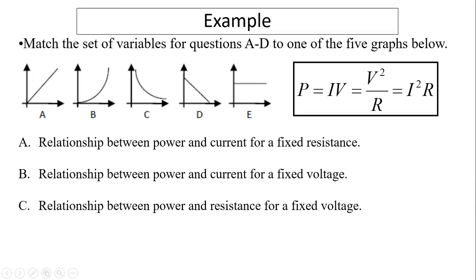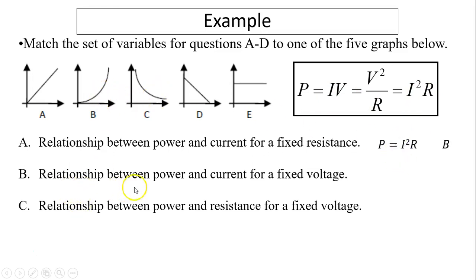Another example, match the set of variables for question A to D, actually in this case A to C, to one of the 5 graphs. Relationship between power and current for fixed resistance. That will be this one, P equals I squared times R. This is a parabola.